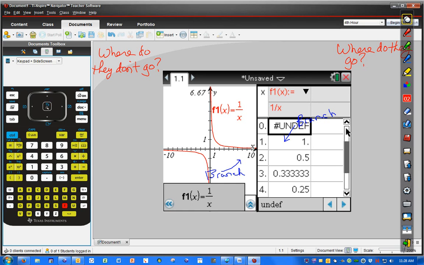So are there any answers on the y-axis? If there are no answers on the y-axis, that's a place where we can't go. So when we talk about where they don't go, when x equals 0, f of x is equal to 1 over 0, which is undefined.